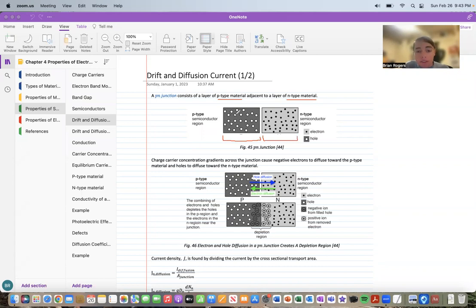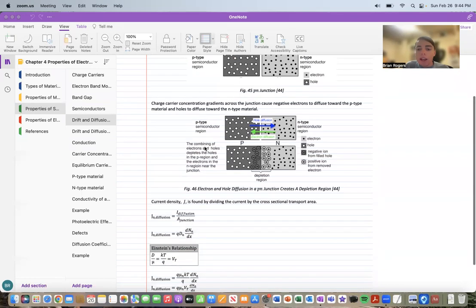Notice that the p-type material has holes as the majority carrier, where the n-type material has electrons as the majority carriers. And so this p-n junction, we're going to see down below, is going to have a concentration gradient because there are more holes on the p-type side and more electrons on the n-type side.